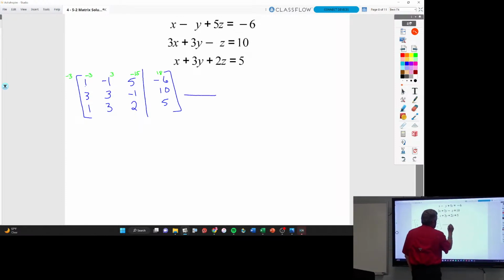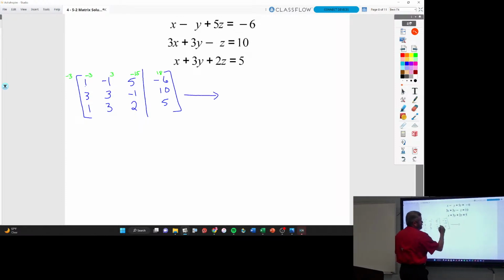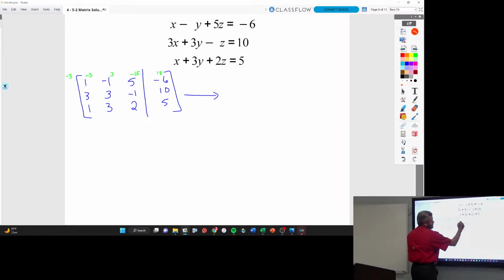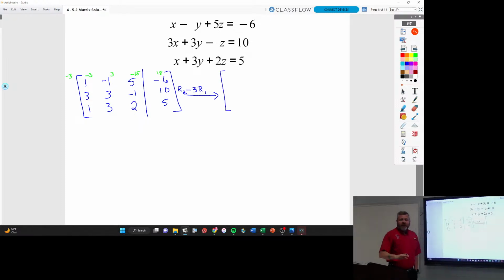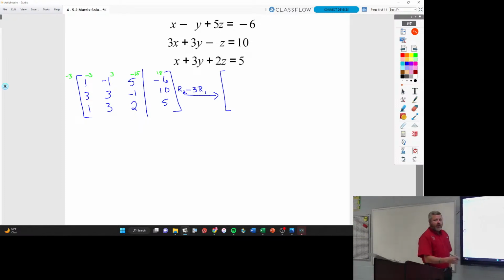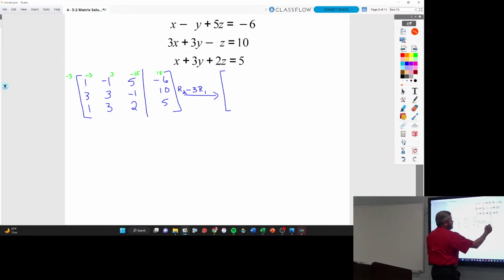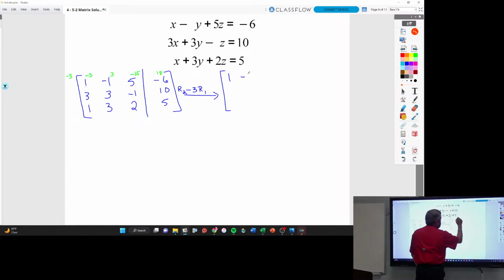So I'm going to take row 2 and subtract 3 row 1s. I'm not going to do anything to row 1. I'm going to go ahead and write it down. Row 1 is still 1, -1, 5, -6.